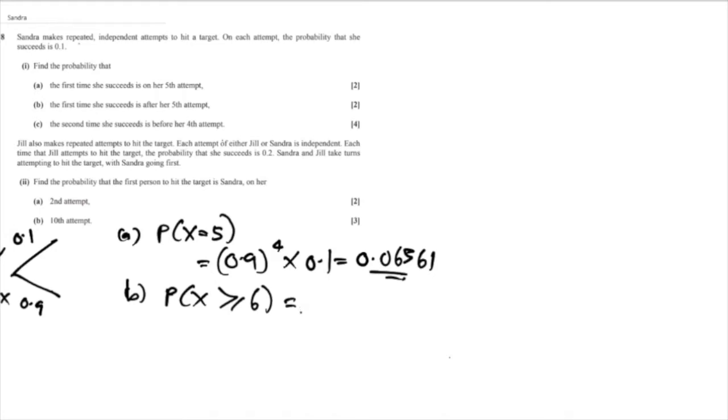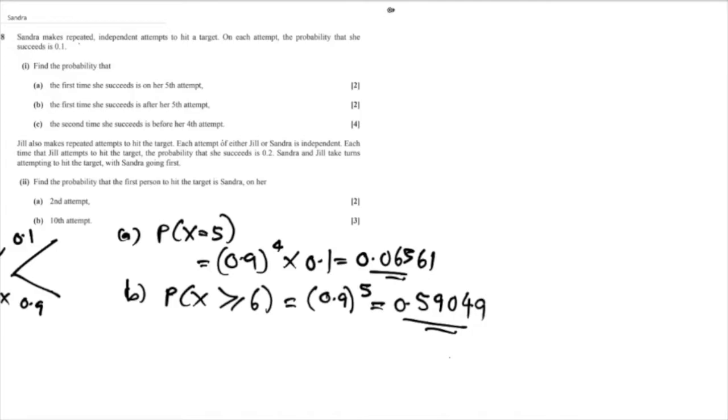So the first 5 she didn't manage to hit, so it should be 0.9 to the power of 5, and this is 0.59049.